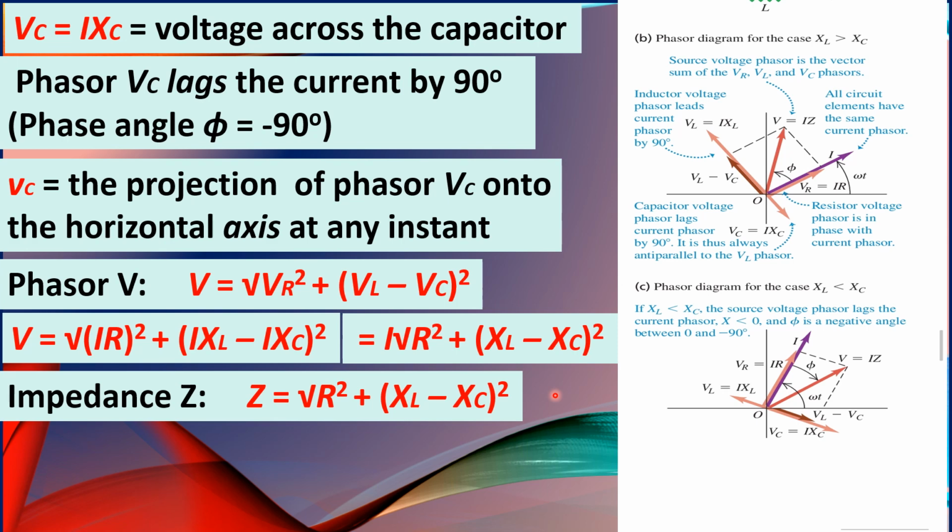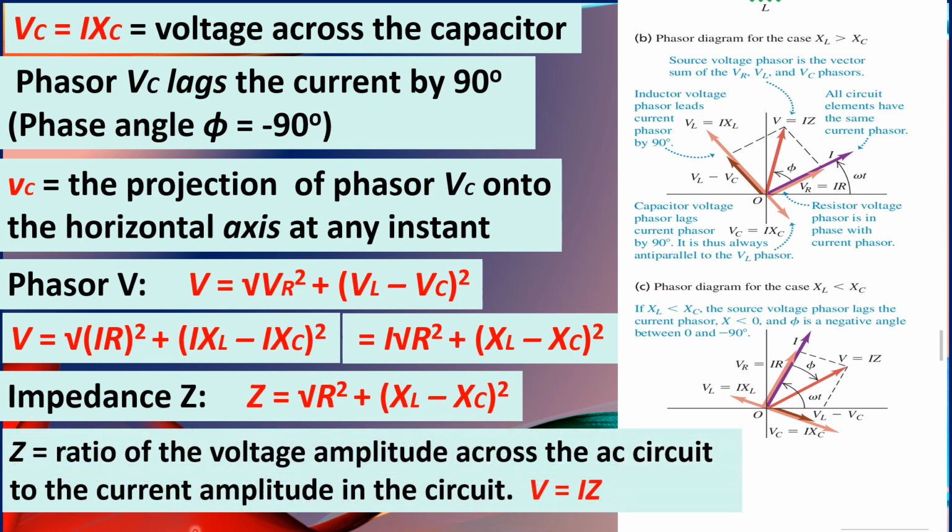will bring us now to the concept of what we call impedance, capital Z. So impedance is simply equal to the square root of the sum of the squares of capital R and the square of the difference between X sub L minus X sub C. So impedance is just analogous to what we call resistance in the direct current circuit.